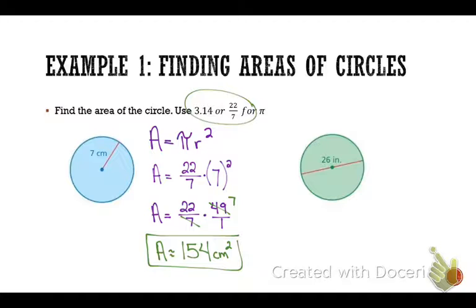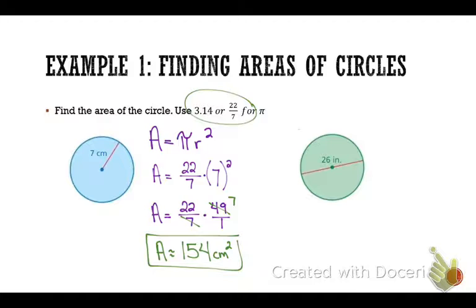Just as a refresher, we know that 3.14 is the rounded value for pi. So everybody with me? 3.14 is not the value for pi. If you were to Google it, it's like 3.14 and it goes on for like 52 decimal places. And it's not repeating.